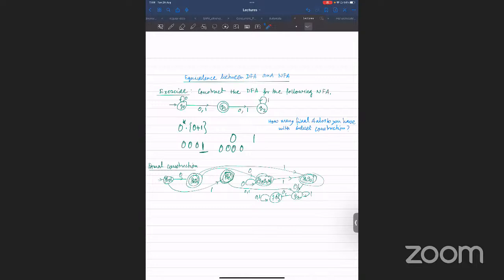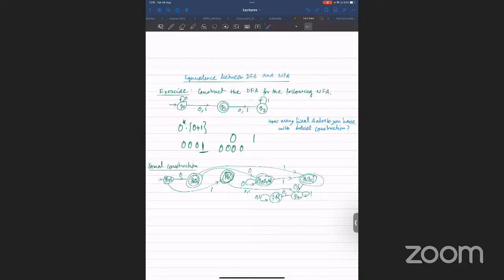And how many states at most can you have in that case, if you eliminate this and then draw the DFA? At most 4 states. Good. So in fact, you can have a DFA with 4 states. As Ishika was saying, you don't really need this particular thing, but that was the purpose of the exercise.